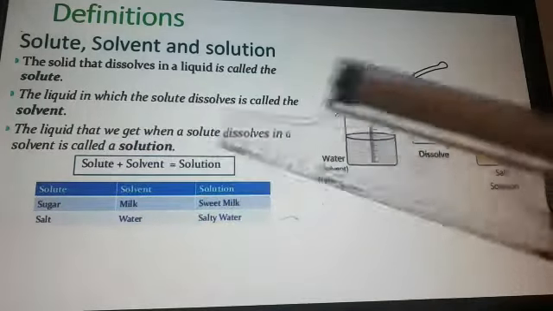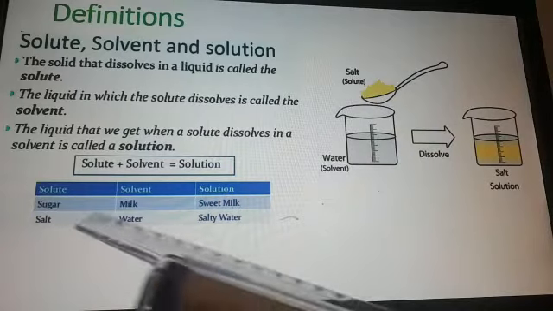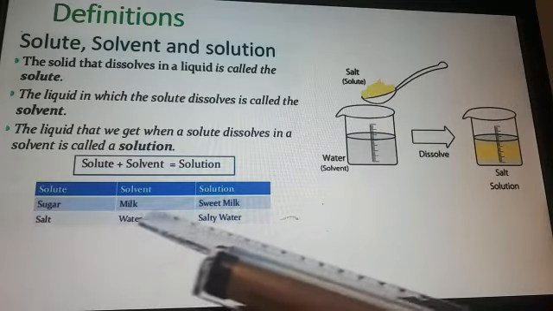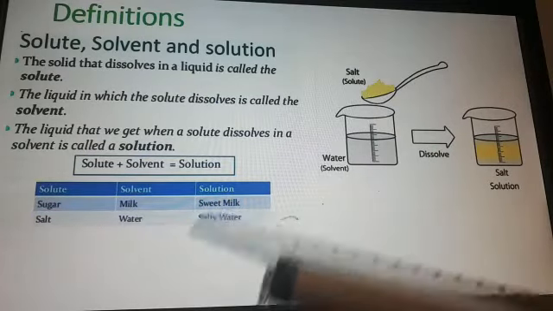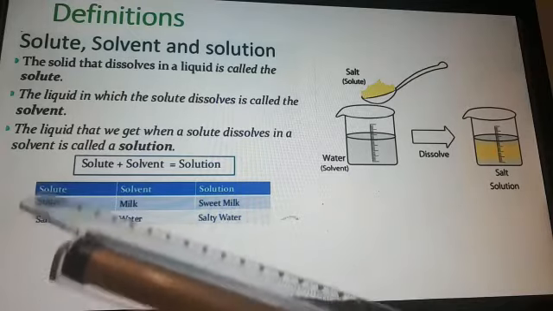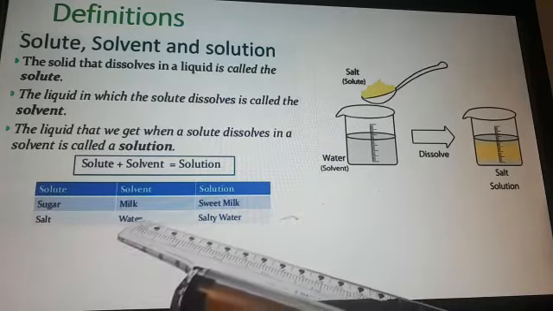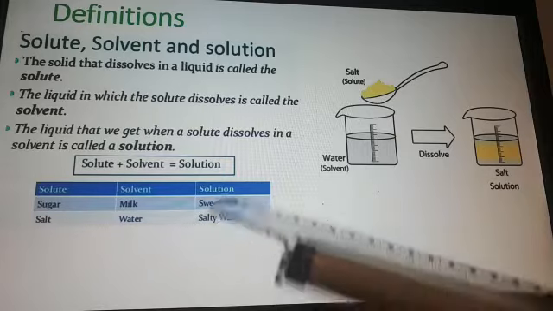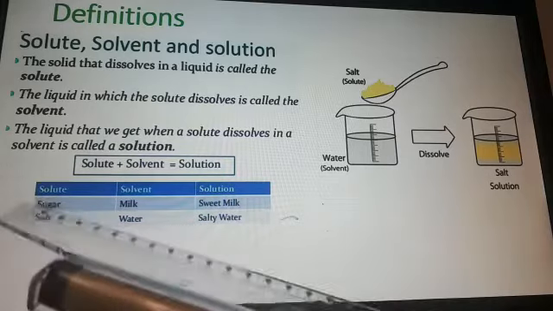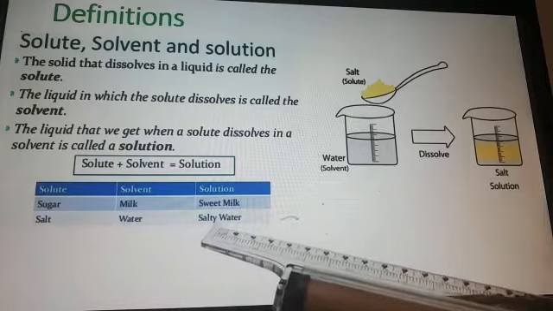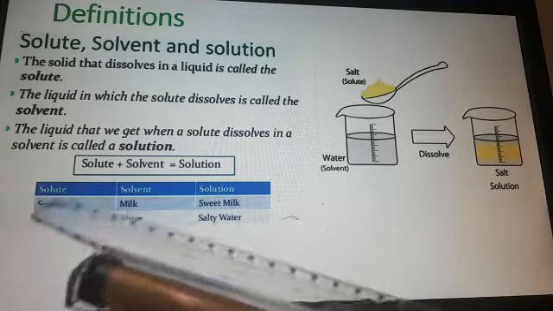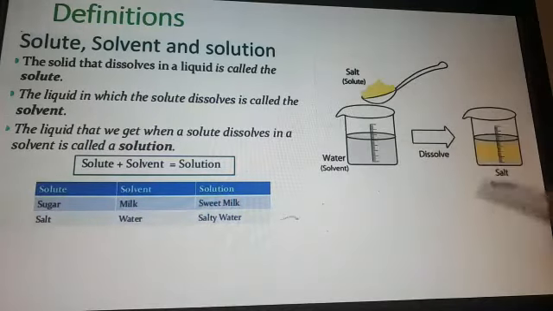Solute plus solvent is a solution. Here, sugar mixes with milk, the sweet milk. This is a solution. The sugar, that is a solid substance, is the solute. Here salt mixes with water, we get salty water. This is the solution. Salt is the solute, water is the solvent, and the solution is formed after mixing the solute and the solvent.